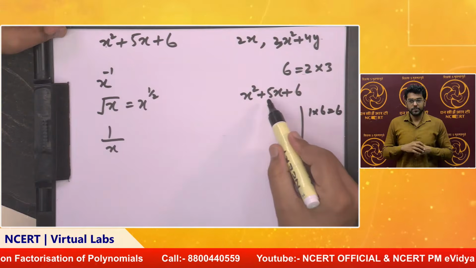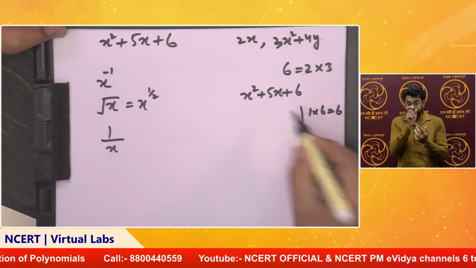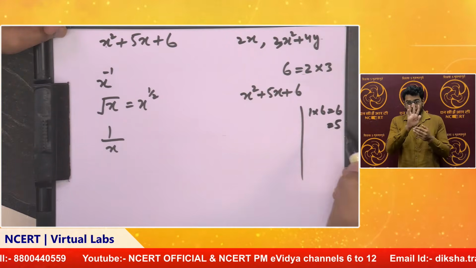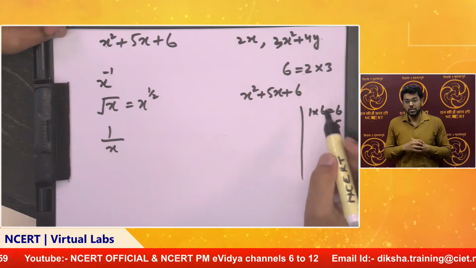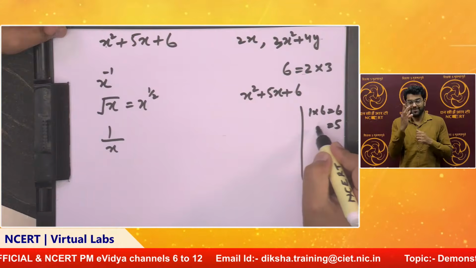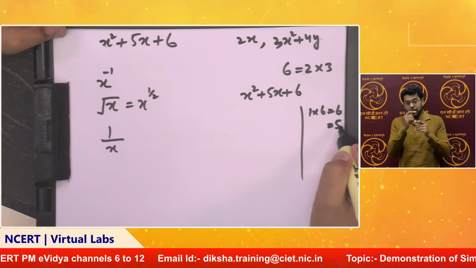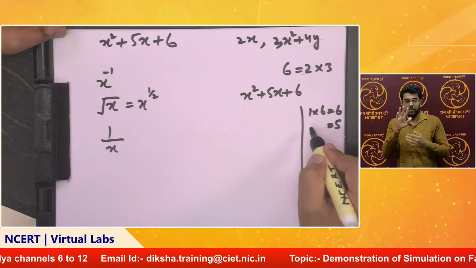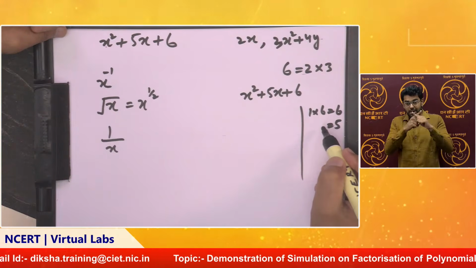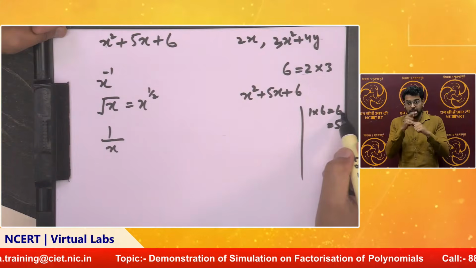The middle term is 5. So we will write 5 as the sum or subtraction of two numbers, so that the multiplication of those two numbers should be equal to this 6.